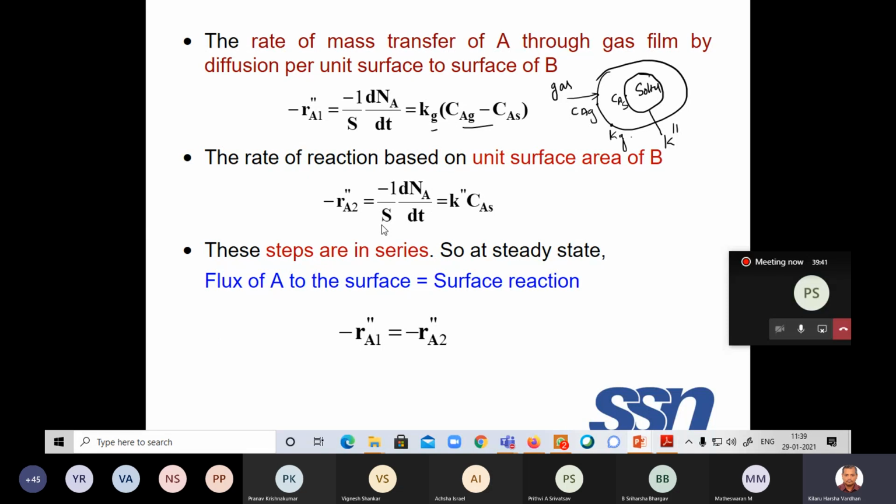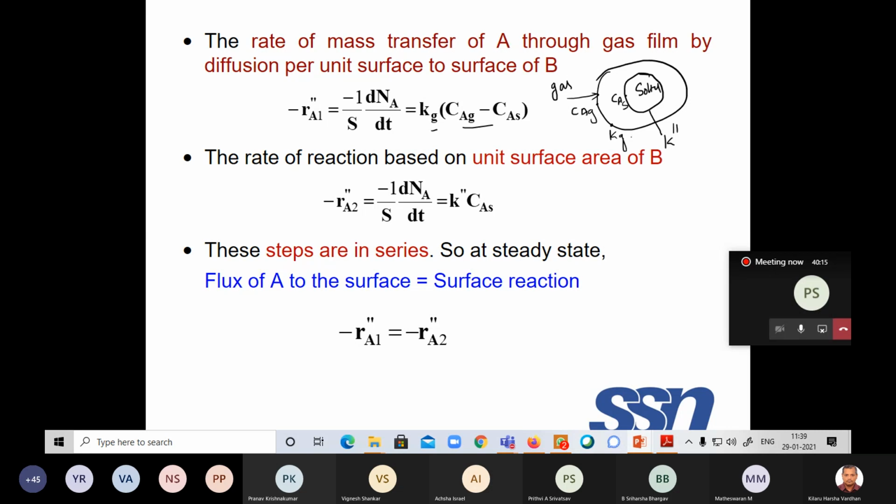Any doubt in the second step? Here you are not writing a difference like this because the solid is at the same concentration. The solid is not changing. If there is an ash film being formed, then there will be a concentration difference. Since you are assuming there is no ash film, you are writing CAS. If there is an ash film, we will see that when we do catalyzed reactions.